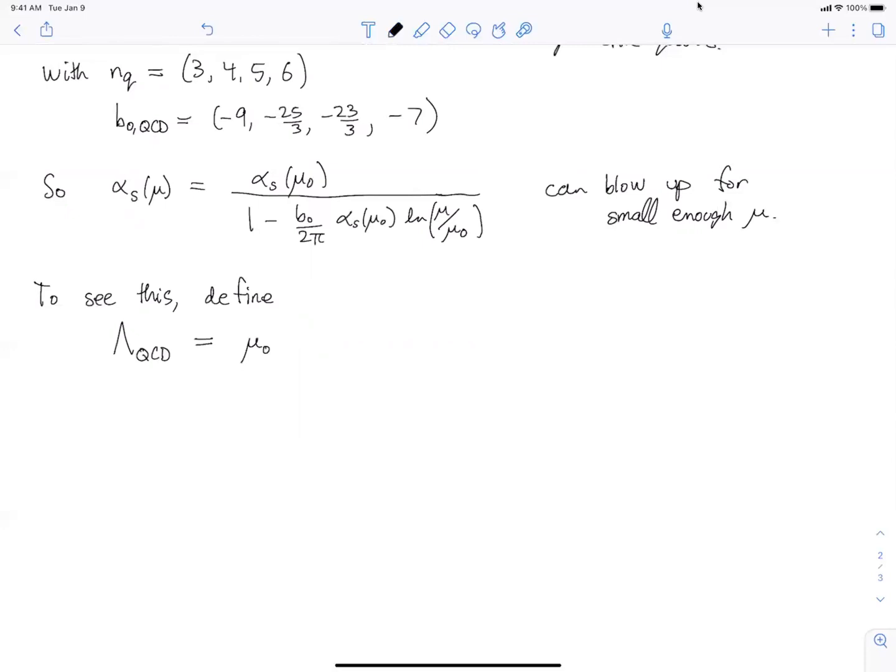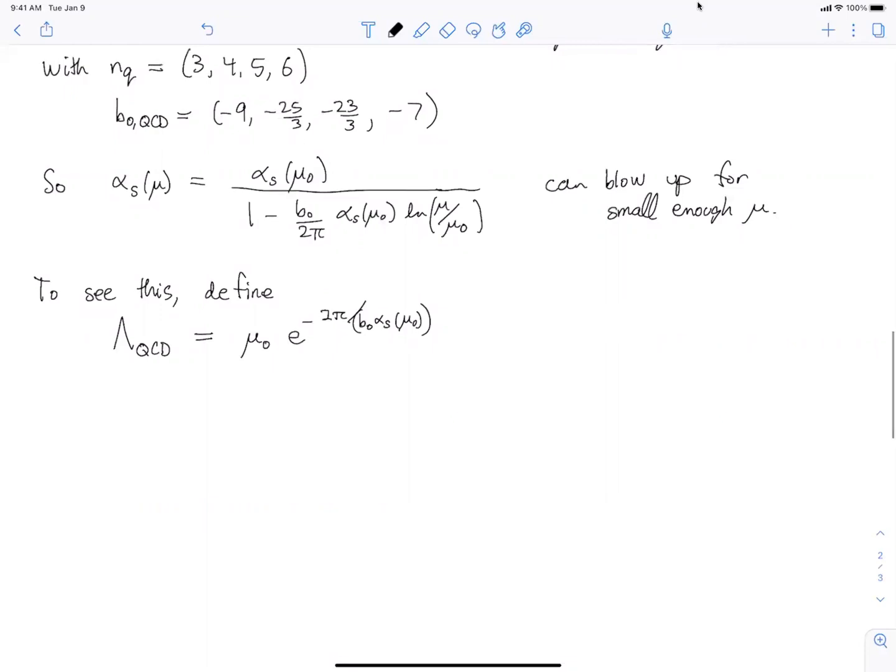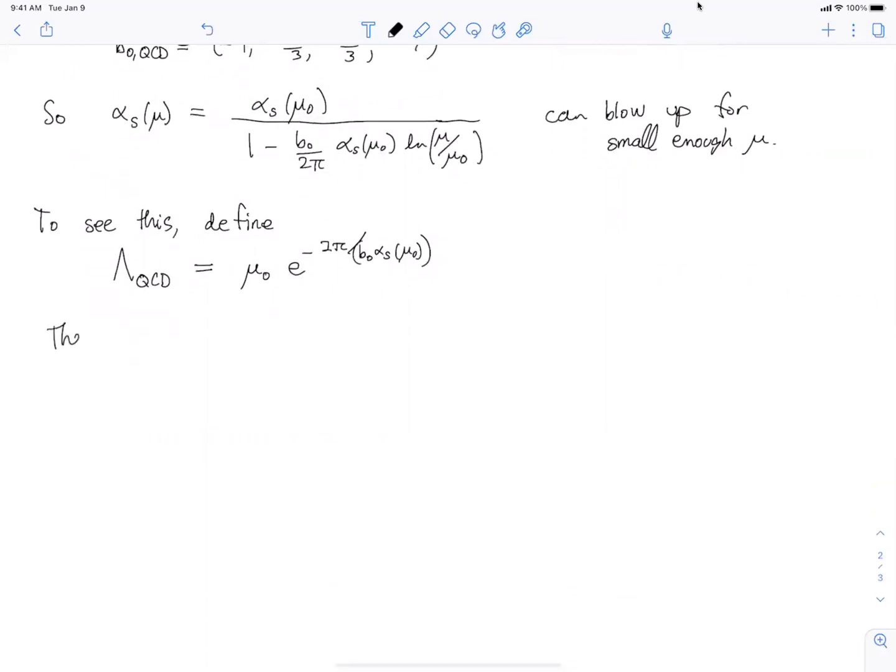So you did some experiment at some value of mu0, and then it's the exponential of -2π over B0 alpha_S of mu0. So all of that's in the exponential. Okay, and then you get the equation that I was writing down prematurely, namely alpha_S of mu, you can write as 2π over B0 times the logarithm of Lambda QCD over mu.